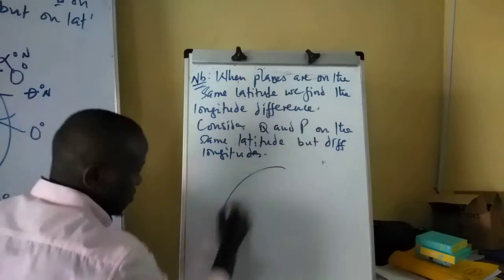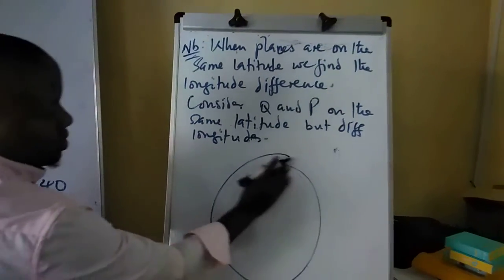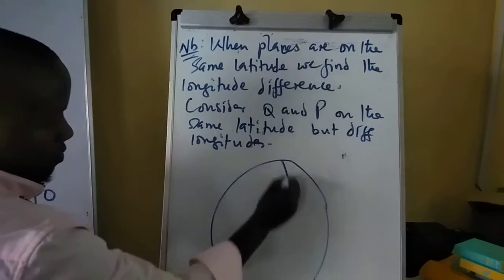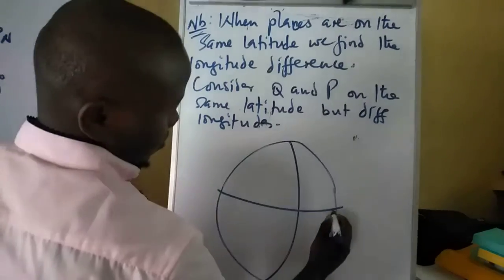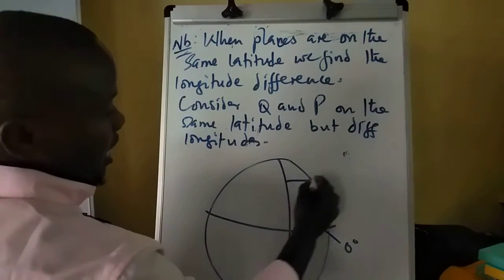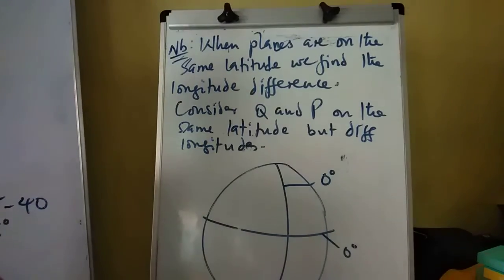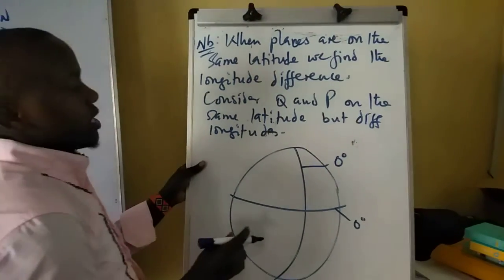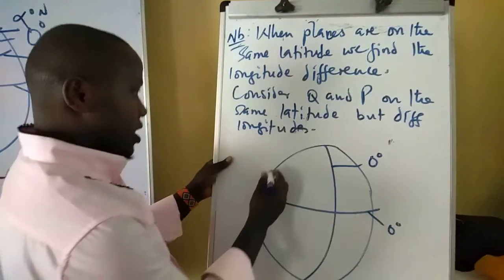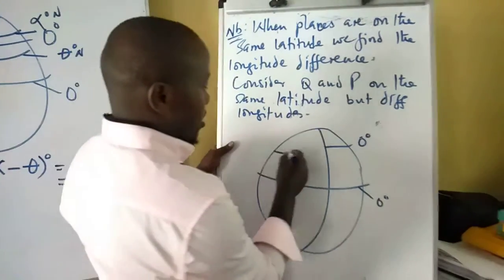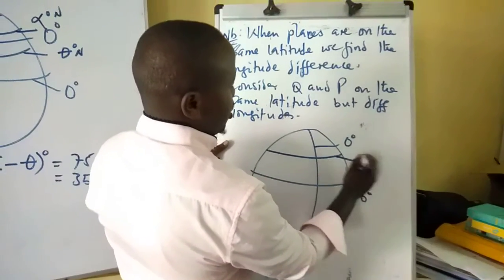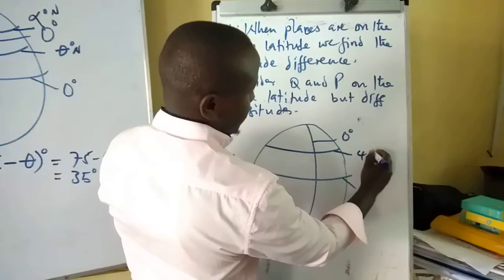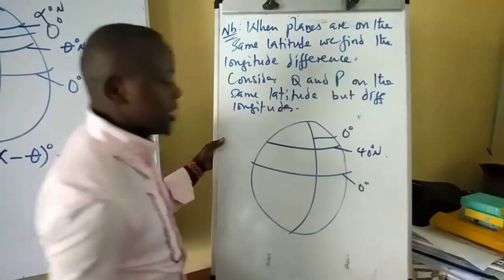If we have two places, this is 0 equator, 0 prime meridian. So if we have two places on the same latitude, let's say they are on latitude 40 degrees north. They are both lying there.